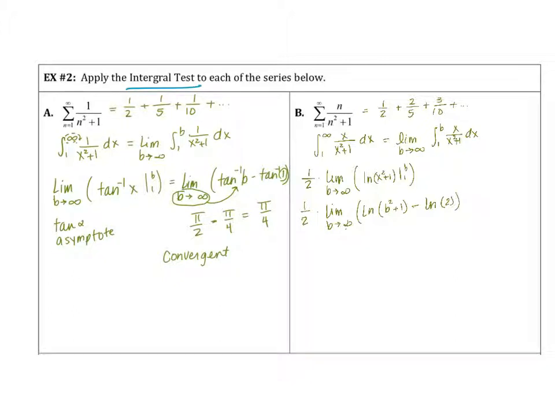Notice if I substitute in infinity there, that term is going to shoot off toward infinity. So subtracting natural log of 2 for huge values of this is not going to matter. Notice that we headed out toward infinity, so this will be divergent.